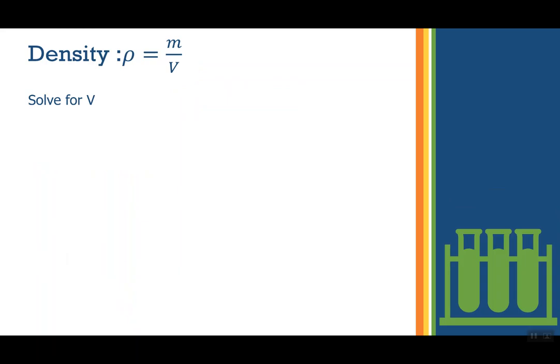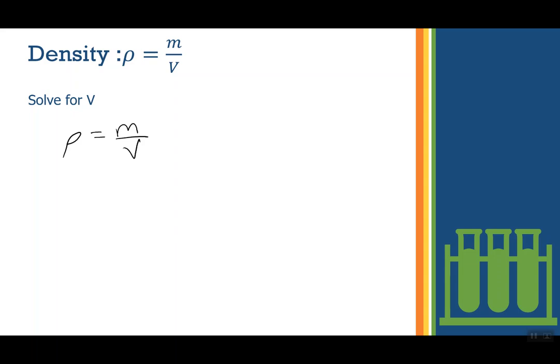This is the formula for density. This kind of looks like a P, it's really called a rho, is equal to M over V. What do I want to solve for? I want to solve for V. So let's look how we write it down. This one's a little different because the V that I want to get by itself is currently in the denominator.